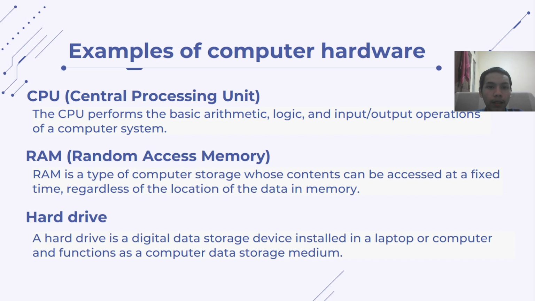RAM, Random Access Memory. RAM is a type of computer storage whose contents can be accessed at a fixed time, regardless of the location of the data in memory.